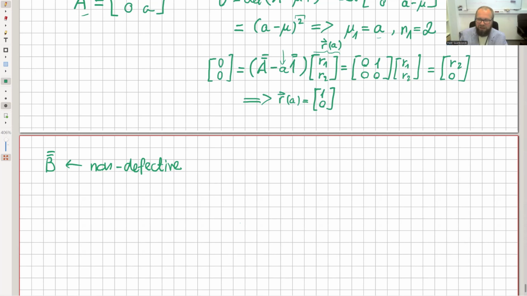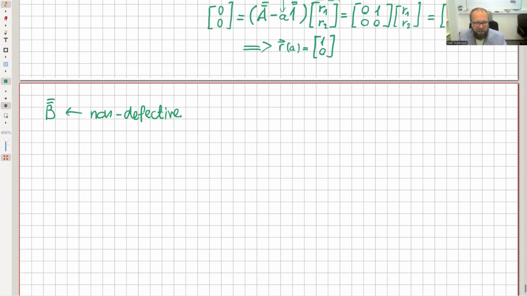What I mean by that is you can always find a transformation S such that you can take your matrix and sandwich it between S minus 1 and S to transform it to a diagonal form. A diagonal form means that you have eigenvalues on the diagonal, and 0 everywhere else. Okay?